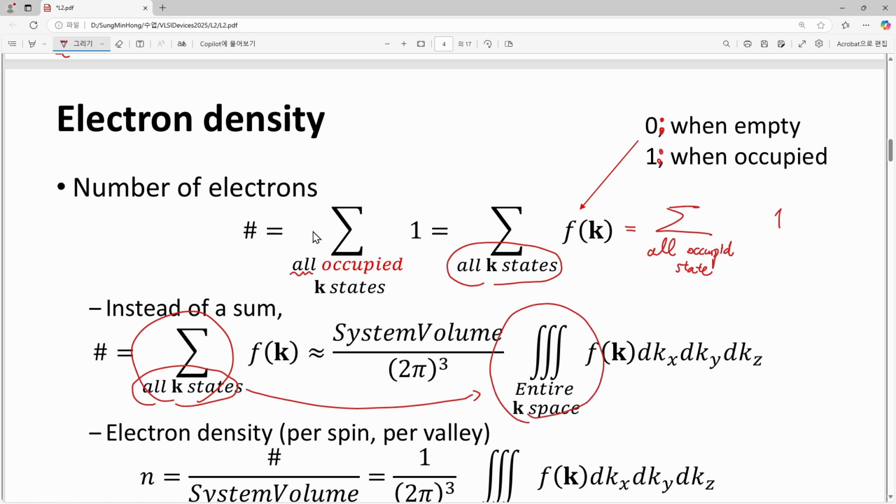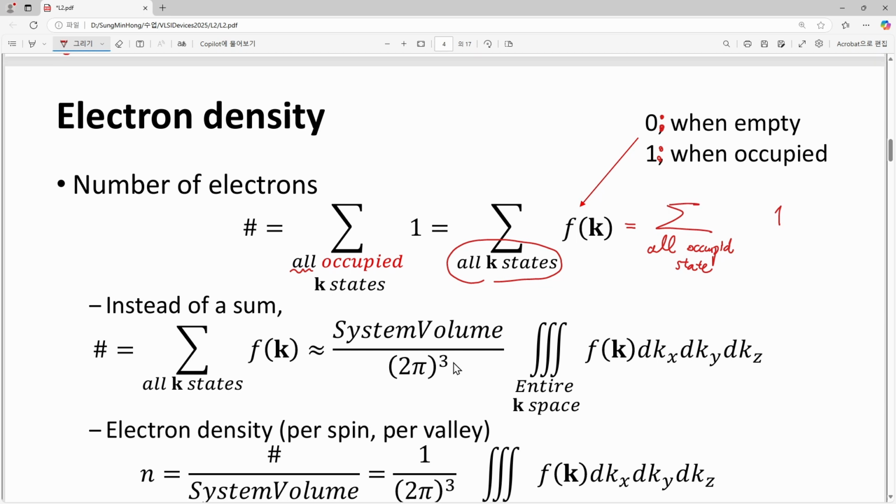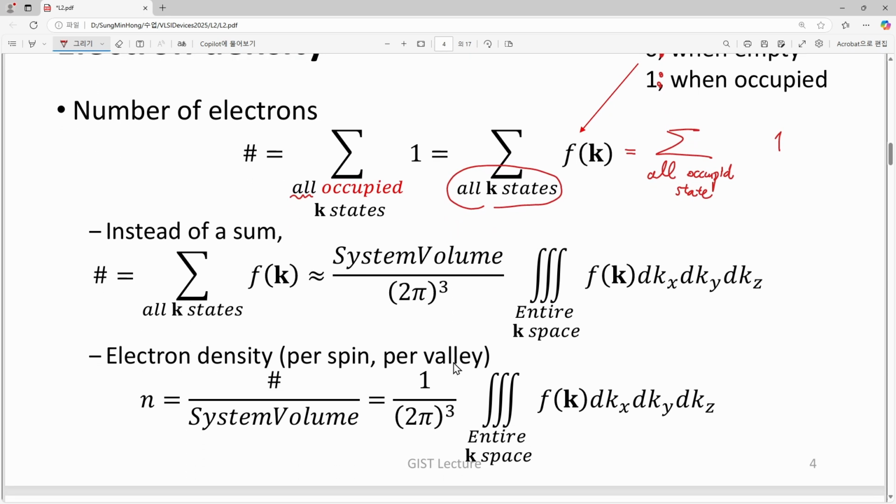Of course, we must understand there is once again a conversion rule between this summation and integration, and it corresponds to this factor. And also we consider the system volume. So please be careful about the correct dimensionality when you convert a summation to an integration.